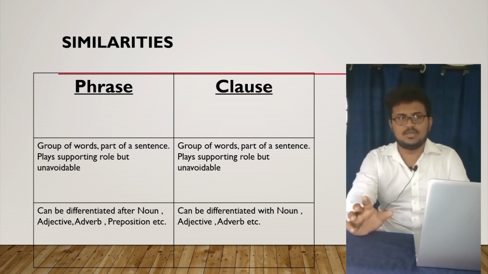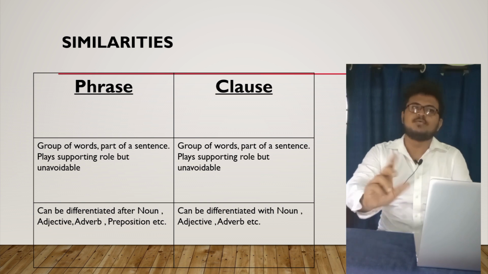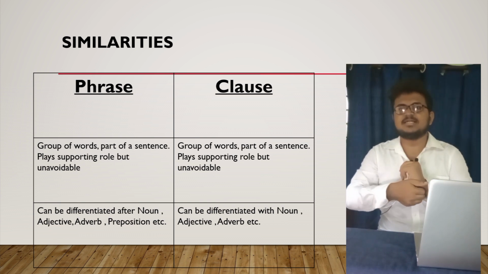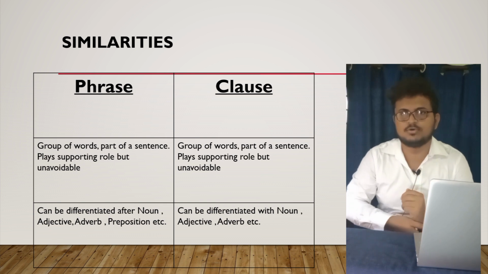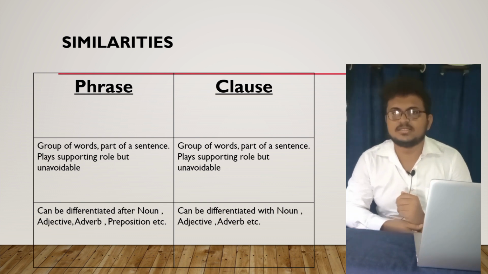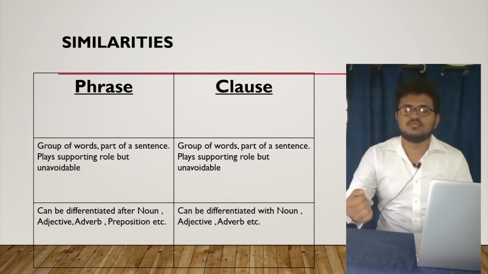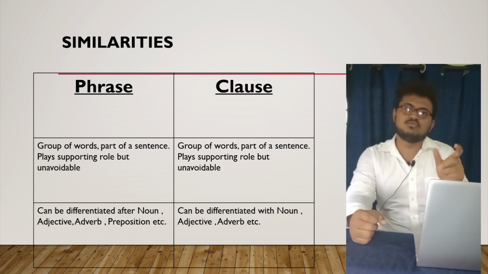You will never come across a phrase or a clause in the main front of a sentence. And when the clause is the main part of the sentence, we don't call it a subordinate clause anymore. We call it a main clause, and we don't study the different parts of the main clause, because that is unavoidable. We only study the thing which is extra.